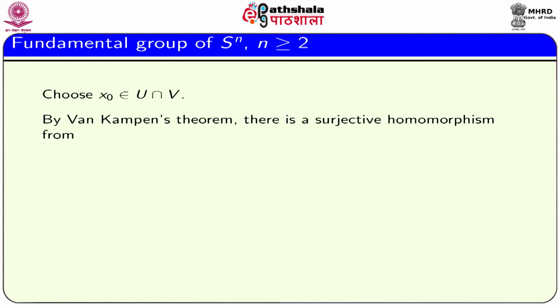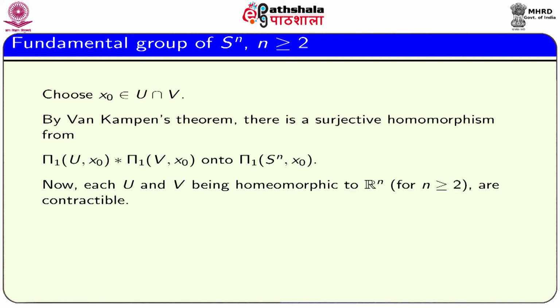Now we choose any point x0 from U intersection V. By using Van Kampen's theorem, there must exist a surjective homomorphism from π1(U, x0) free product π1(V, x0) onto π1(Sn, x0).